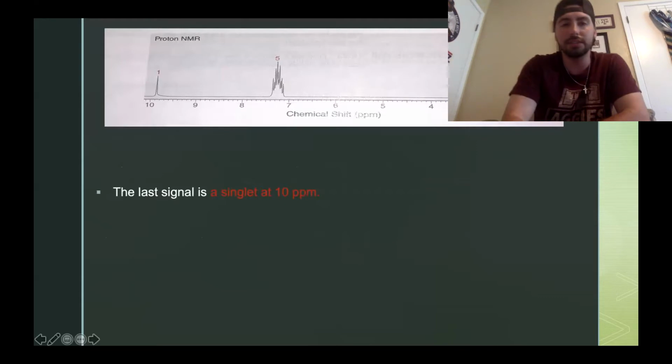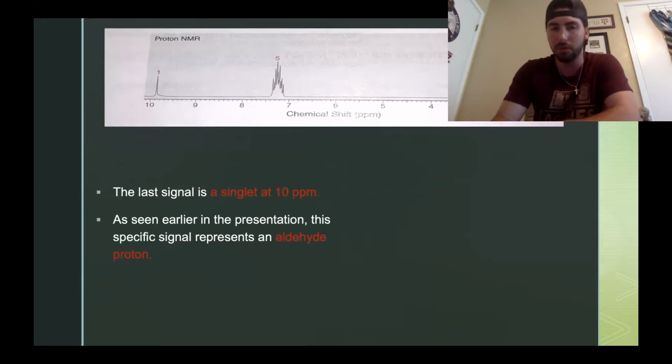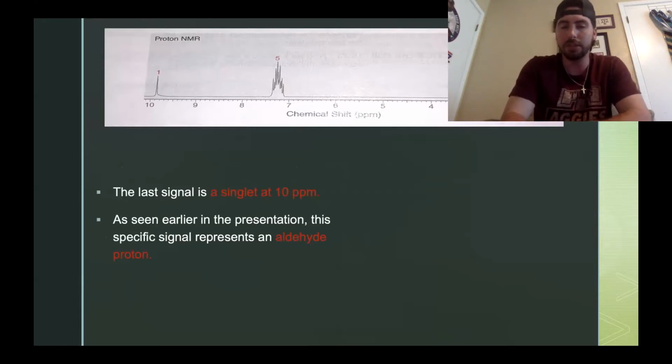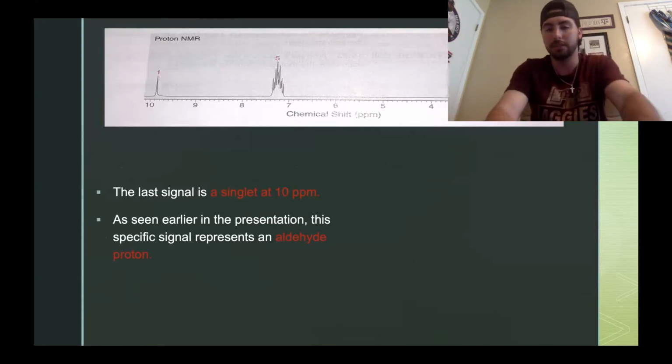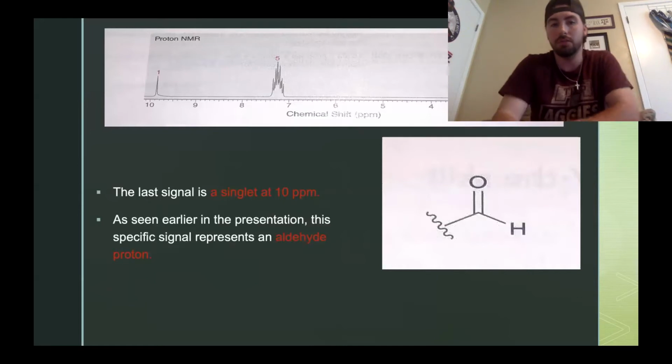And then the last signal, like I said earlier in my presentation, singlets around 10 show an aldehyde. So we can say this peak shows a proton connected to an aldehyde.